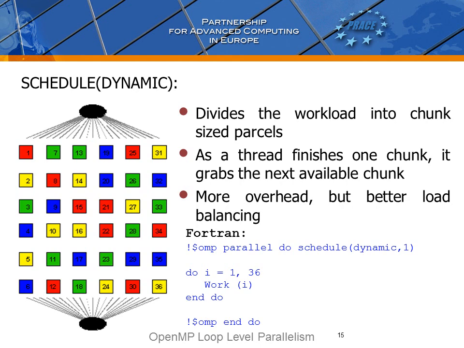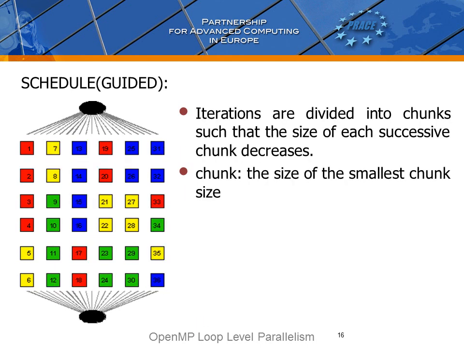The dynamic schedule is appropriate for the case when you don't know the iteration count or there is an unpredictable amount of work. It has more parallel overhead than the static scheduling, but potentially has a better load balancing.